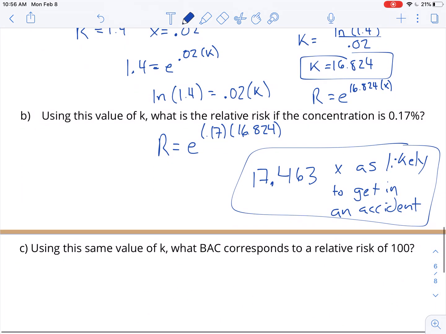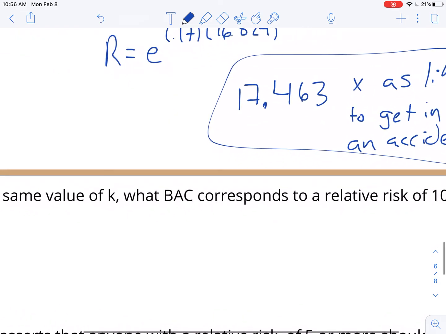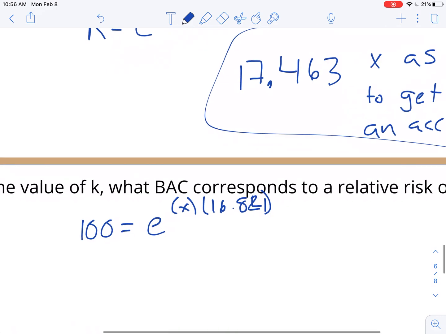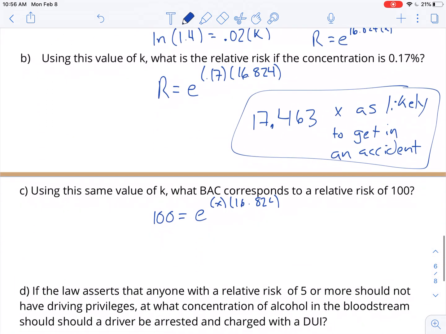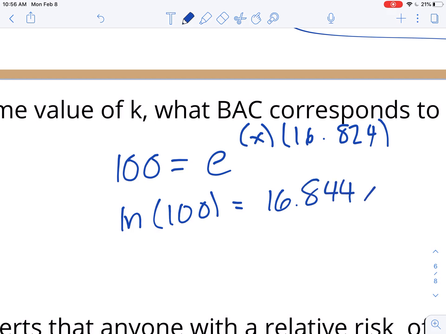All right, so now we're going to keep using this value of k. What blood alcohol concentration corresponds to a relative risk of 100? So I say that 100 is equal to e to the x times 16.824. And I go ahead and I say the natural logarithm of 100 is equal to 16.824x.